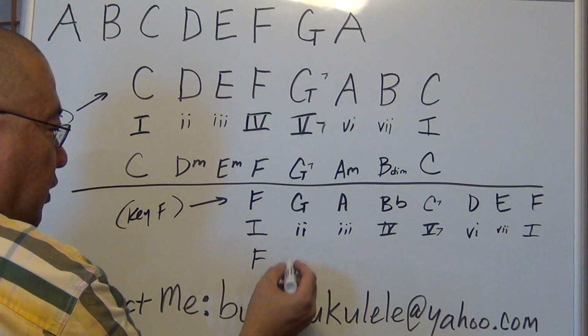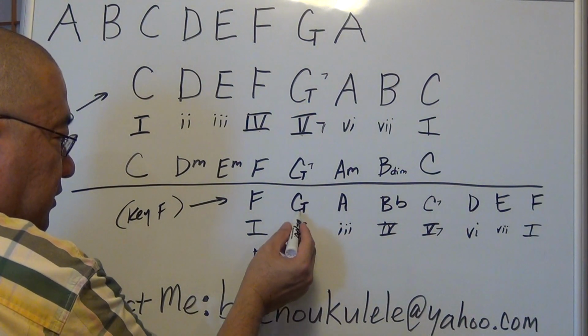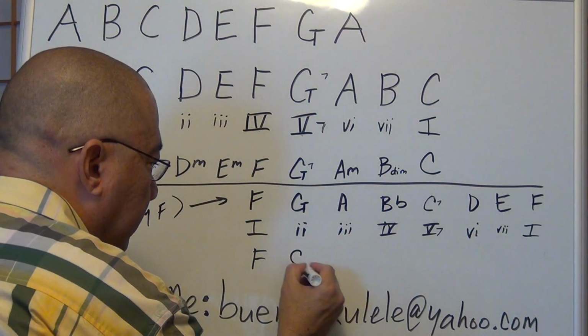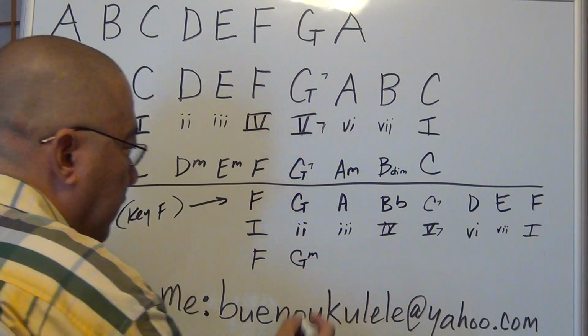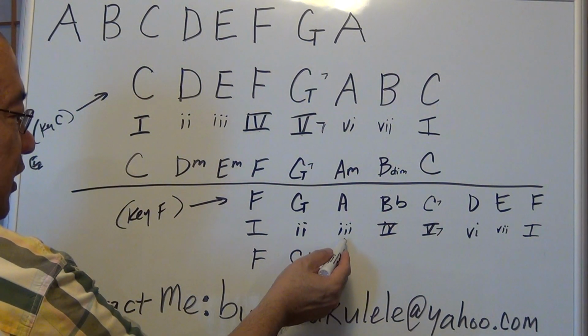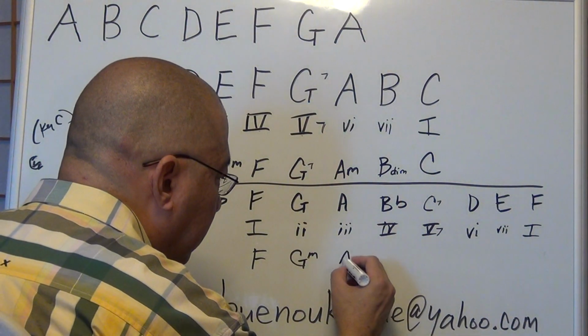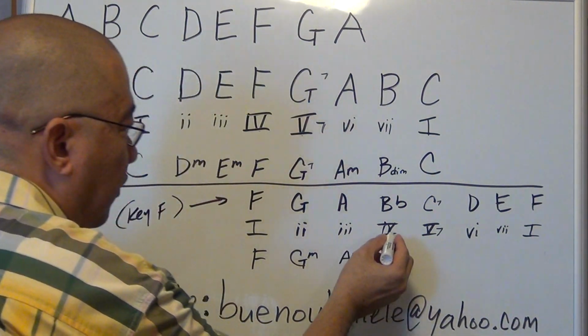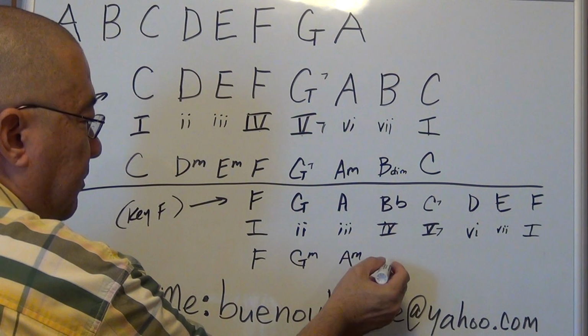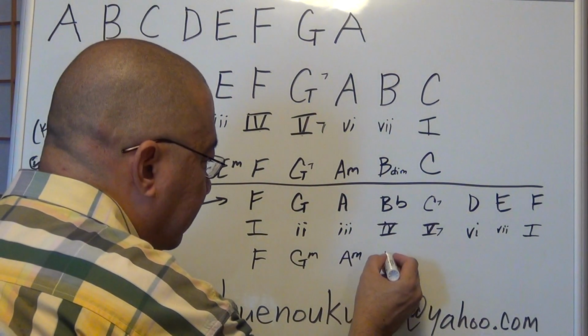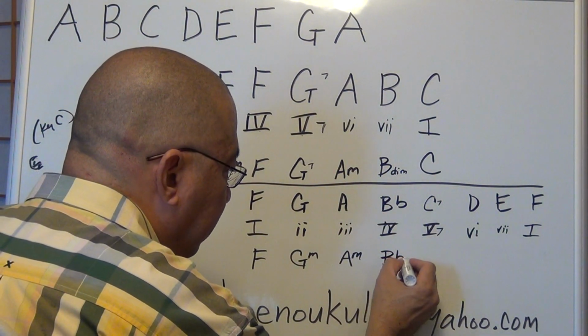The 2 chord is always a minor, so that's G minor. The small 3 chord is a minor, so that's an A minor. The 4 chord is always a big chord, a major chord, so that's a B flat chord, B flat major.